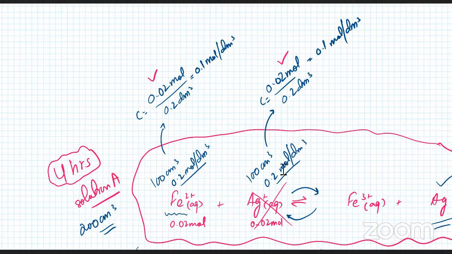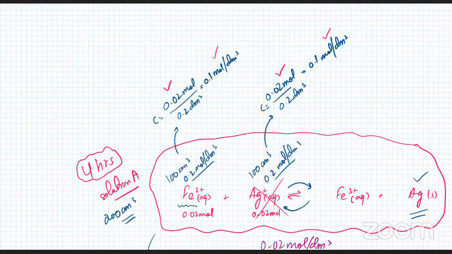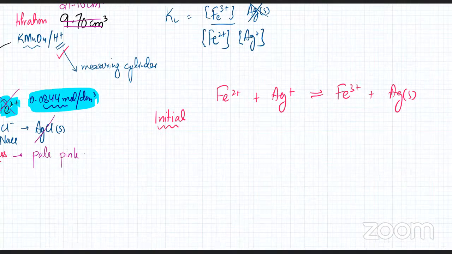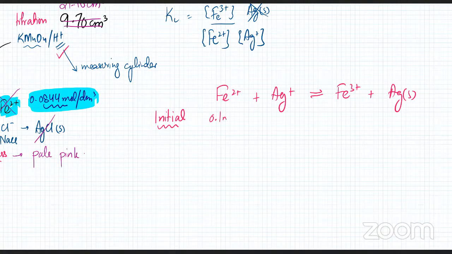So remember this: whenever you mix two solutions together, both of their concentrations will decrease. So your new starting concentrations are actually 0.1 mole per dm cube once you've mixed them together. So the initial concentration of Fe2+ is 0.1 mole per dm cube, and this one is also 0.1 mole per dm cube.